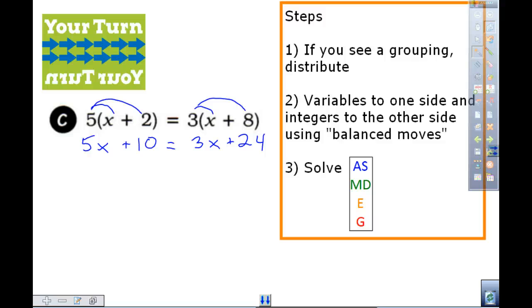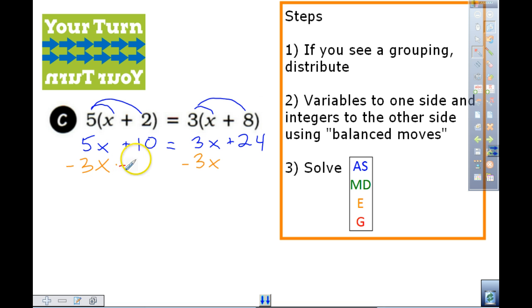Minus 3x. Okay, here we go. Eyes up here. So you got minus 3x, minus 3x.